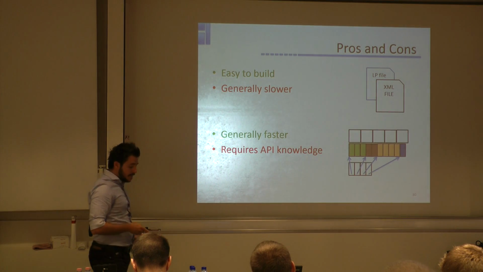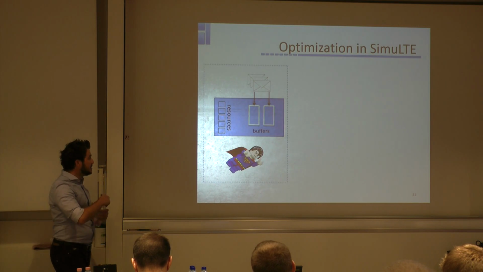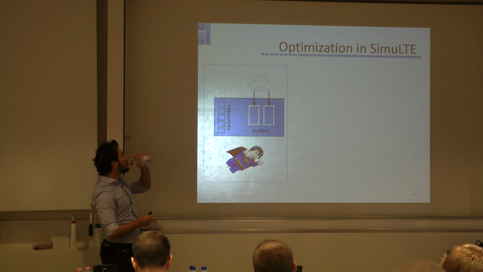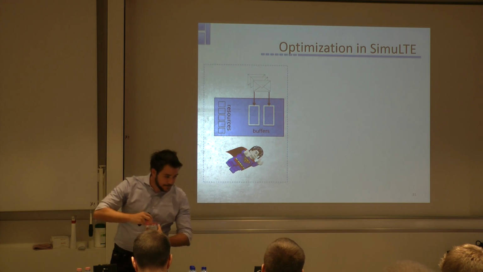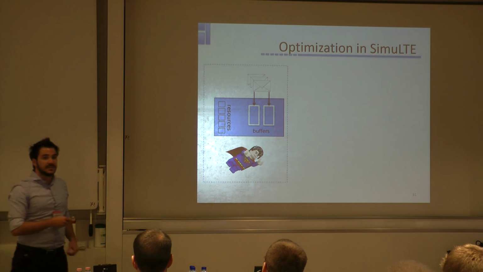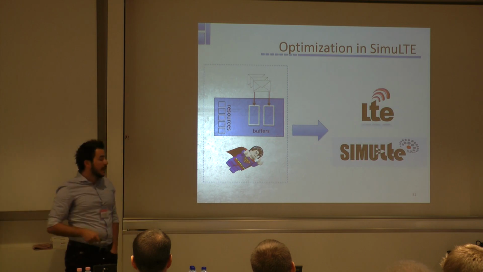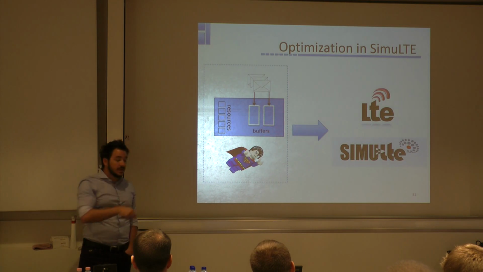Okay, so we have our system model, and as I said, we can try this with a realistic example. So we will try to use that with LTE and SimuLTE.